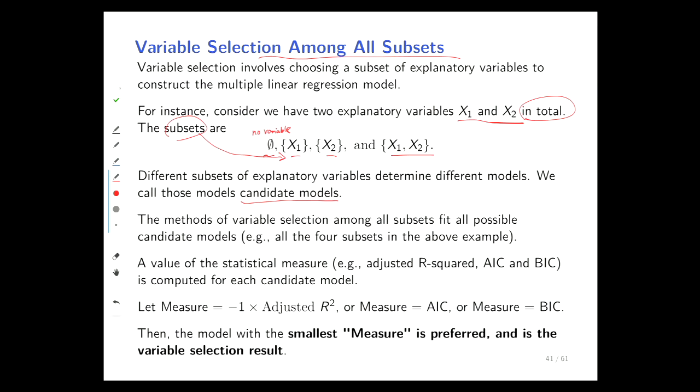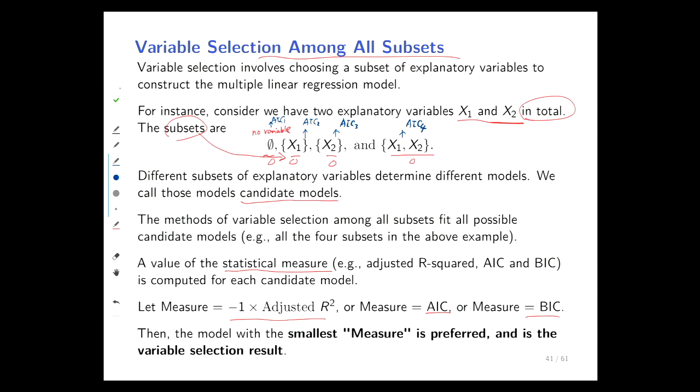The idea for this among all subsets is that we try these 4 models, and then we find a statistical measure. For instance, we can consider adjusted R-square, AIC, and BIC, and then we will have these 4 values, for instance, 4 values of AIC: AIC 1, AIC 2, AIC 3, and also AIC 4.